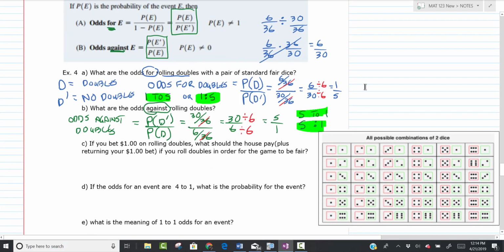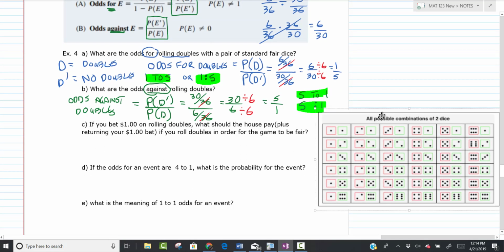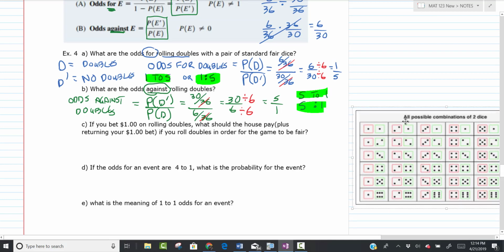Okay, so you're just doing individual probabilities. Now, this is a good way to explain what this means. It says, if you bet $1 on rolling doubles, what should the house pay, plus returning your $1 bet, if you roll doubles in order for the game to be fair?